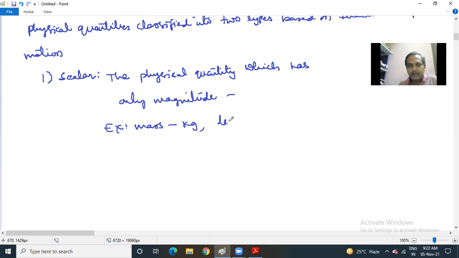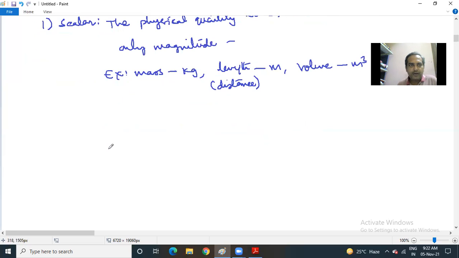You can give length. Length is a scalar, measured in meters. Length you can also take as distance. In another way, distance is a path length. Next, volume. It is measured in cubic meters. So these are the examples of scalar quantities. Now moving to vector quantities. So what are vectors?